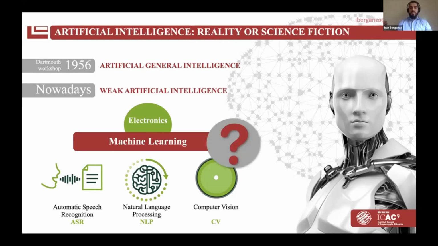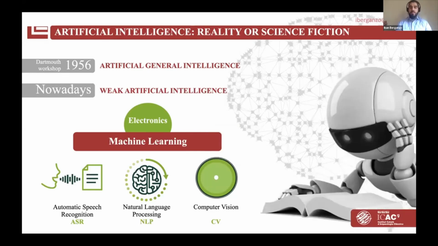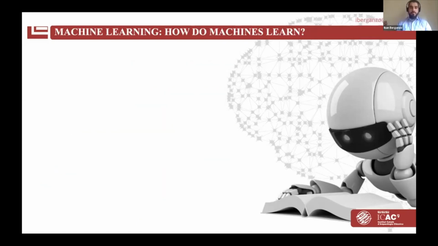So, is machine learning the thing that we were thinking of, this intelligent robot, or maybe it's more like an algorithm that learns from our data sets? I think the question is more for philosophers, and we can continue knowing at least how to work with machine learning.